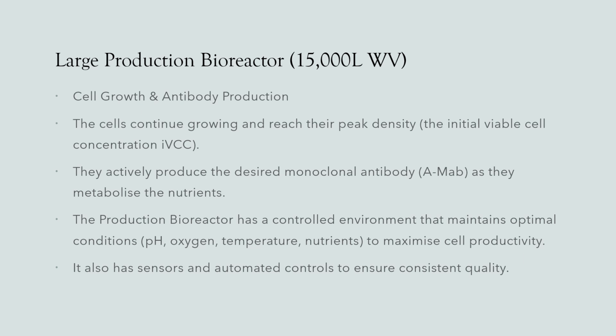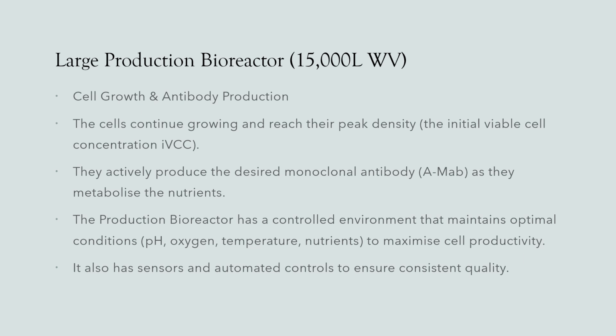Your large production bioreactor is where you ultimately want to produce your antibody. So this is where the cell growth occurs, where you want to get that initial viable cell concentration before you go to your antibody production, in which you would then change your conditions in order to induce the production of the antibodies.